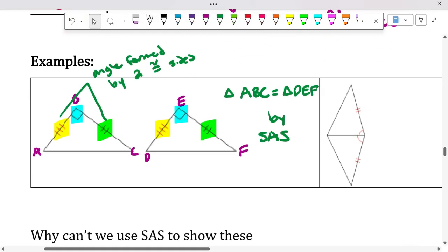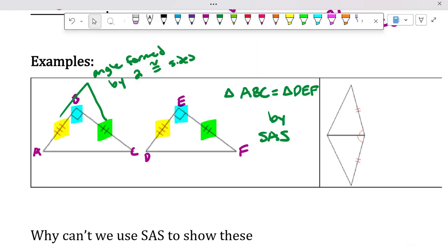Now, why do we think that's enough information to prove that these triangles are congruent? Well, let's think about it. If we know that these two sides are congruent, great. We know that when they meet, they're going to form the same angle. So that's already like most of the triangle right there, because these two sides are congruent and they form the same angle, meaning that they're separated the same length.